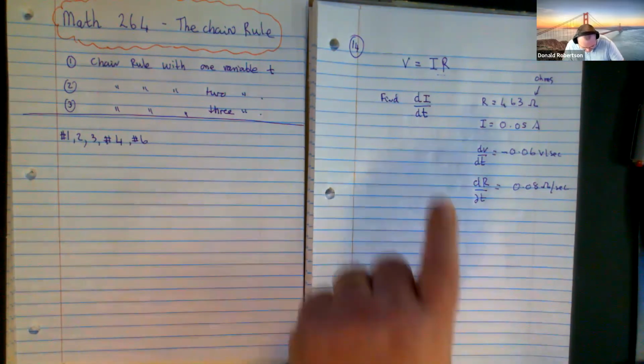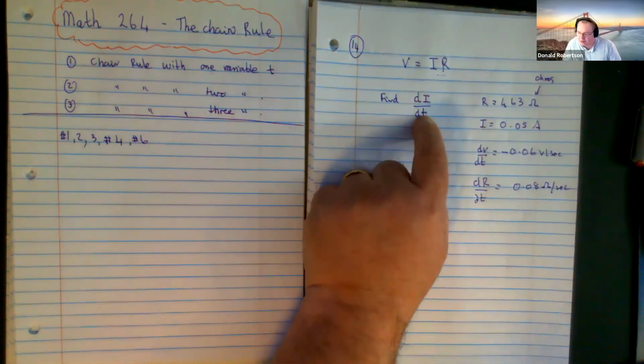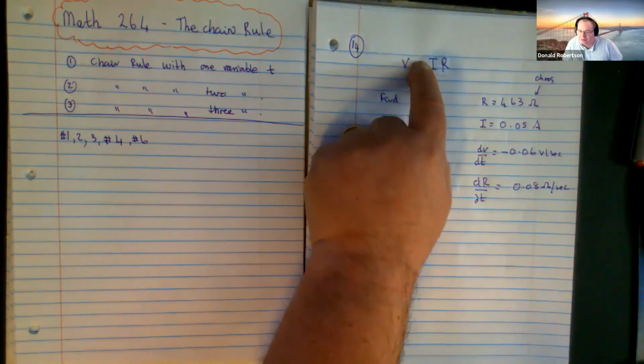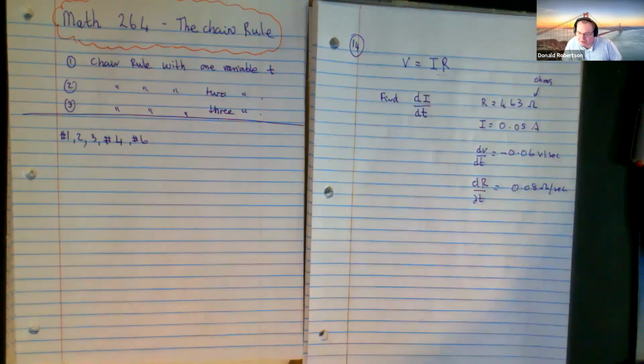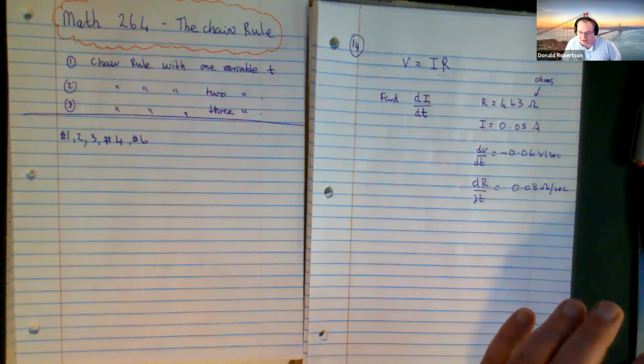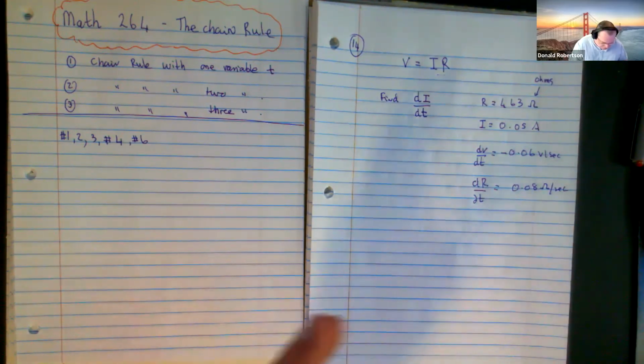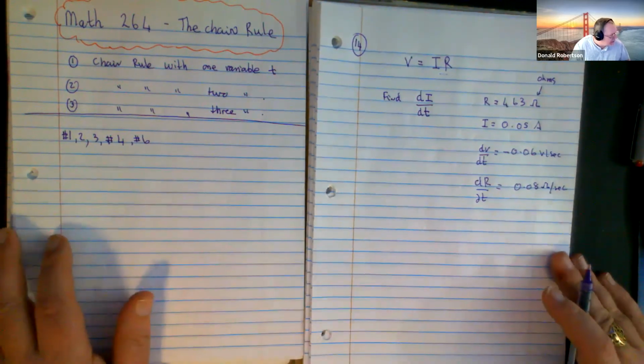Okay, so we're being asked to find this guy, using that formula, and we're given this information. There's a piece of information here that's missing that we will need, and I know we'll need it because I can kind of tell what's going to happen, but anyway, here goes.